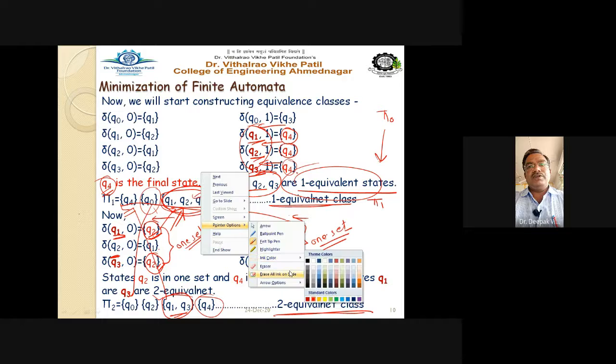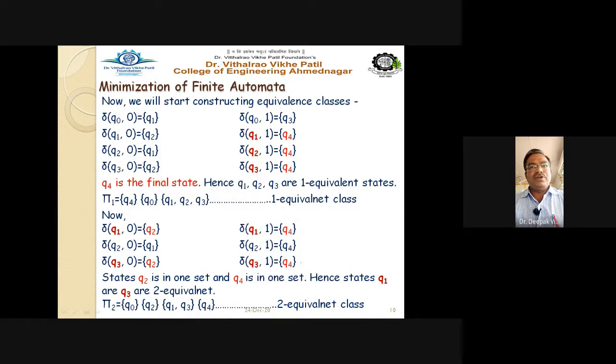Okay, so how have we written this? We have to find such states that belong to the same set. If we look at this particular side, we'll find that Q2 is here and Q2 is here. It belongs to this particular set, right?